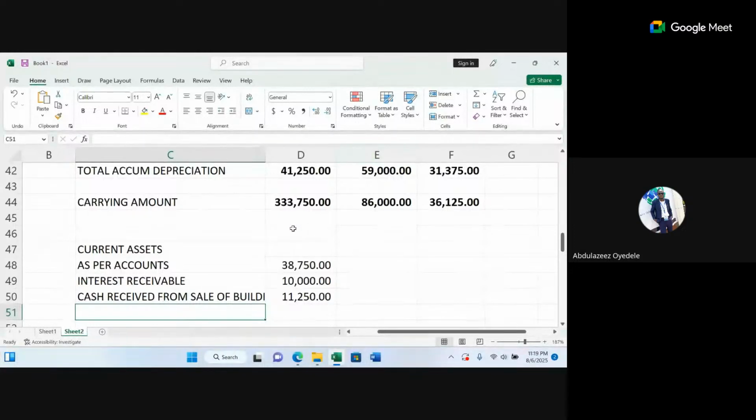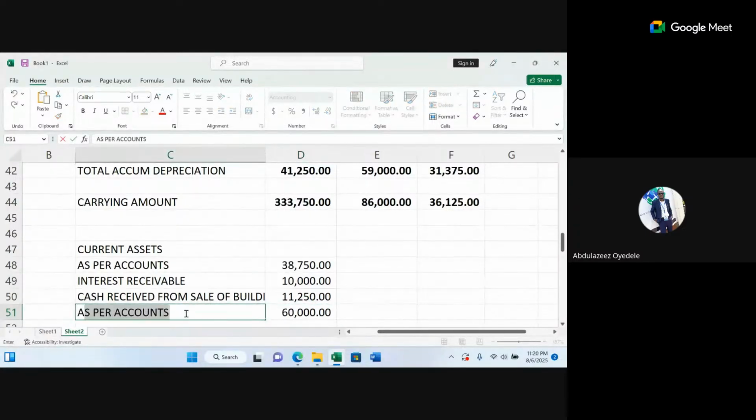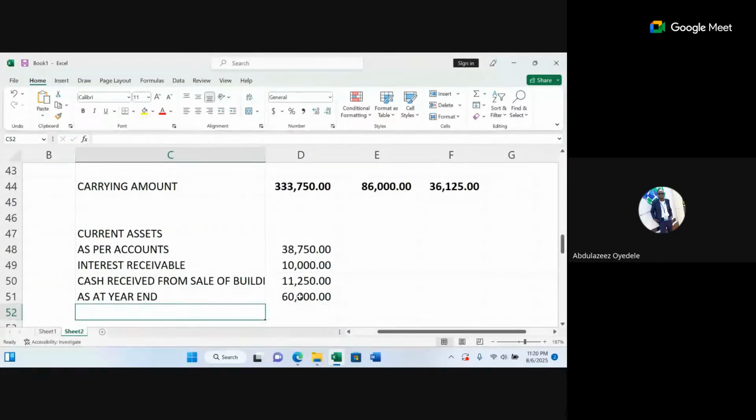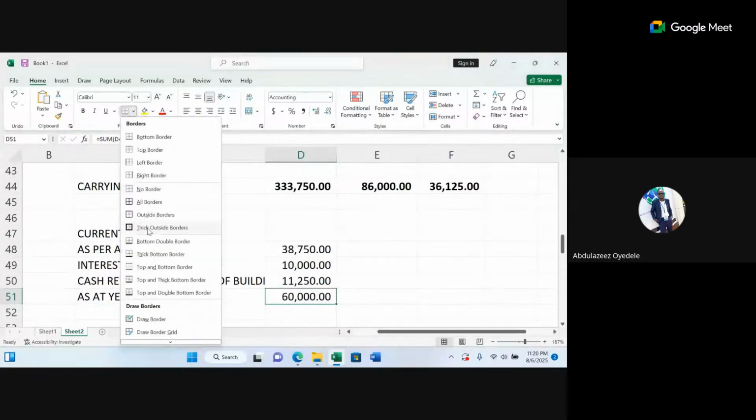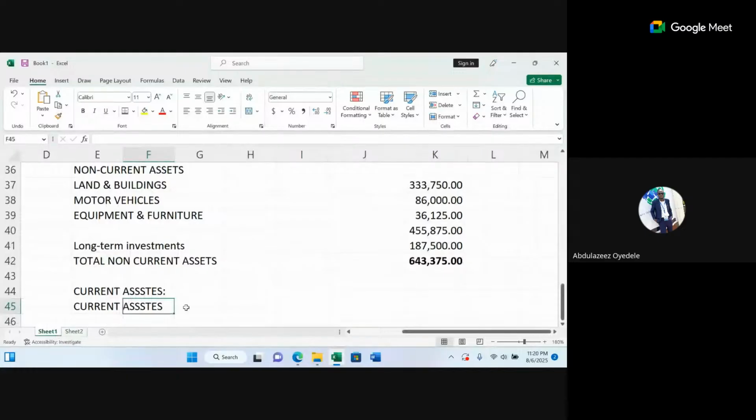So with those two adjustments, you can now say our current asset balance is now 60 billion. Okay, so this is as at the year end now, 60 billion. Let's go back to the solution and say current assets 60 billion.